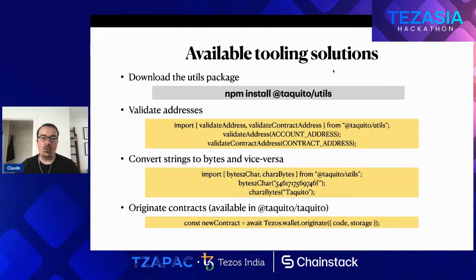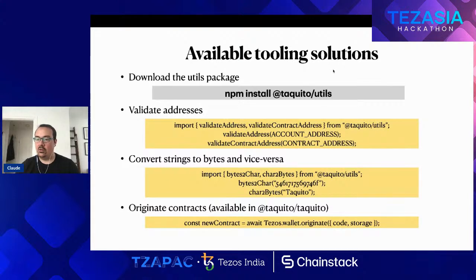So after validating that, you can be sure that the addresses that you have are valid Tezos addresses. There are also 2 methods that can be very useful, above all if you're interacting with token contracts. There's a method that's called bytes to char and char to bytes. Those 2 methods are going to convert bytes into strings and strings into bytes.